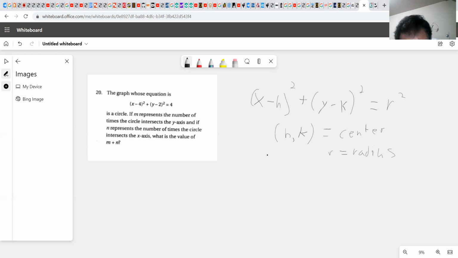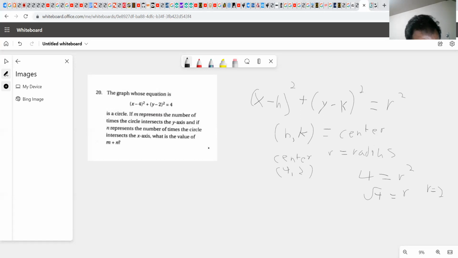And for the radius, this 4 is equal to r squared. So 4 equals r squared, and r is the square root of 4. So r is equal to 2.